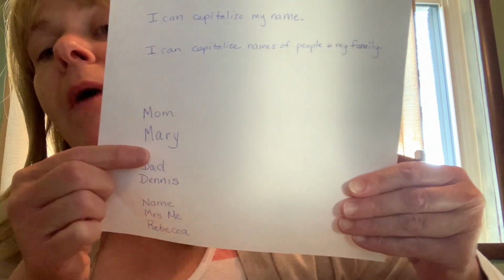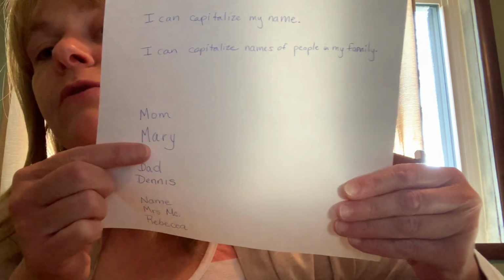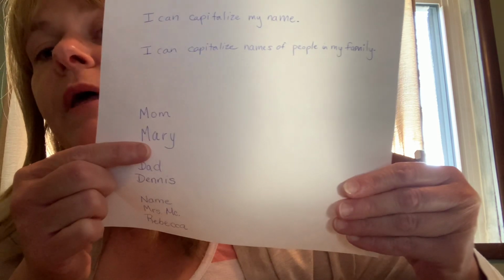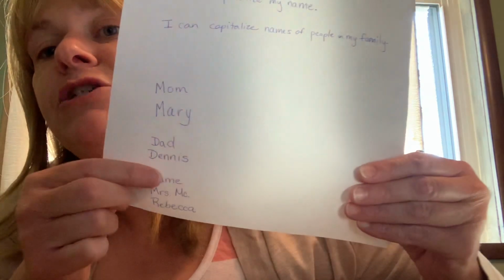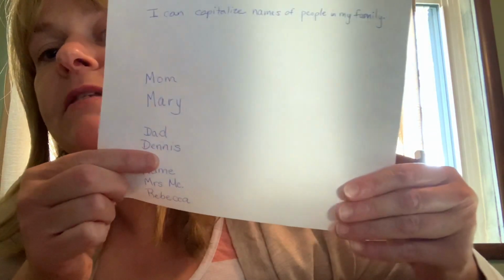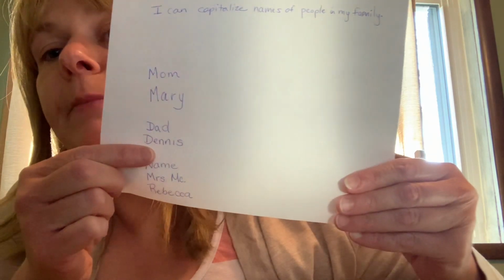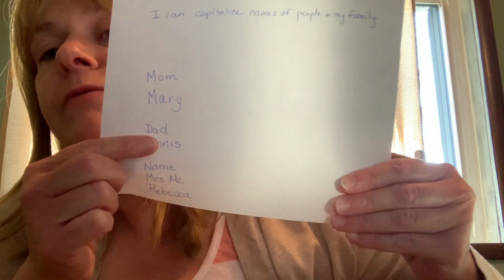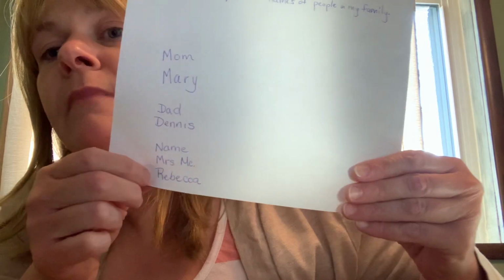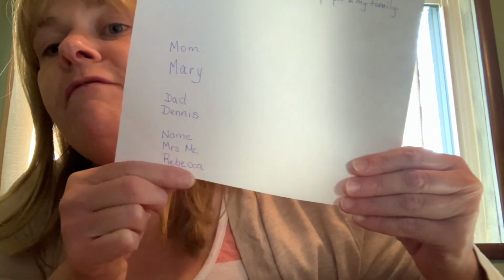Now, my mom's name is Mary, so you can see that is a capital M. And it just so happens that my dad's name is Dennis, and that also is a capital D, the same as a capital D with Dad. And then my first name is Rebecca, so that would be with an R. So you should be practicing writing your name with a capital letter.